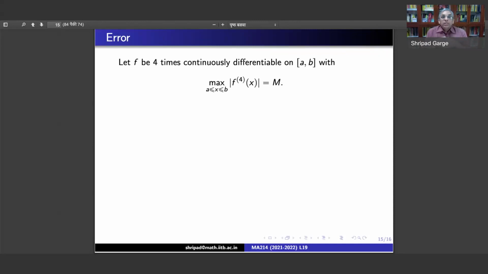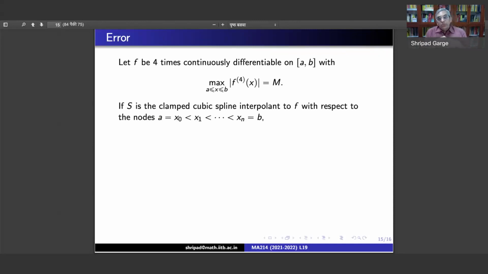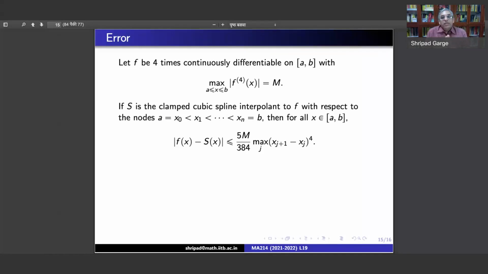Then for the clamped cubic spline interpolant to the function f with these nodes x0 up to xn, for all x in [a, b], the difference between the function value and the spline value is at most 5M upon 384, times the maximum of the distances between consecutive nodes.